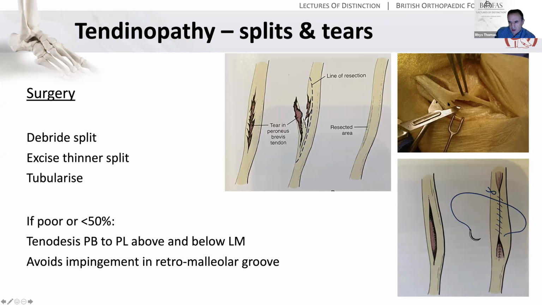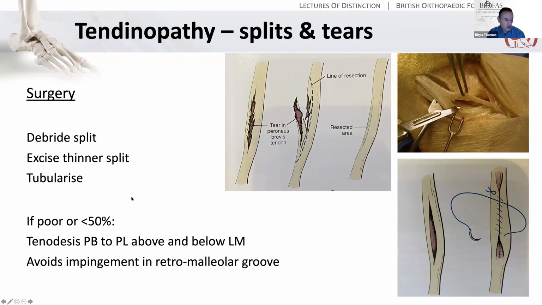You're then usually left with a fairly flat tendon, often with some attrition, and you can tubularize this tendon. So you're taking a flat tendon and making it cylindrical with a technique usually involving a Vicryl suture.